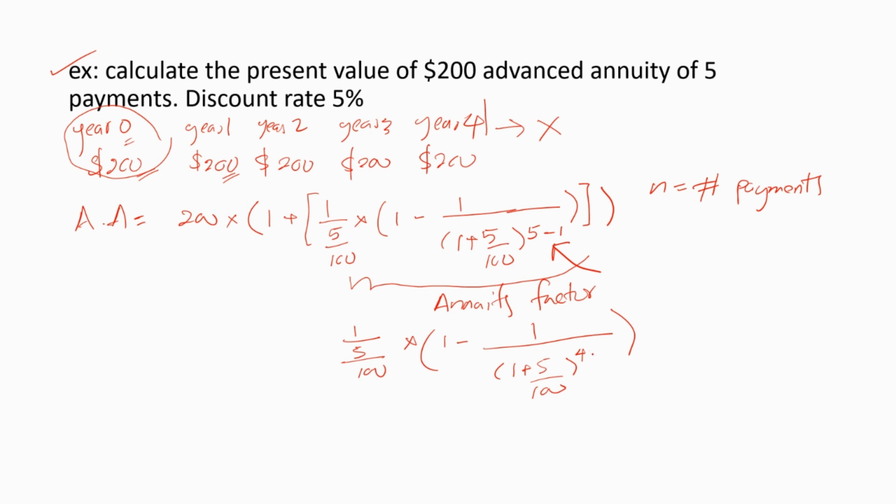Using the cumulative present value table, we can find the annuity factor for this. So we can refer to the 5% column and n equals 4 row, because here the n is 4. So the fourth row will give us the value. Let's refer to the cumulative present value table.